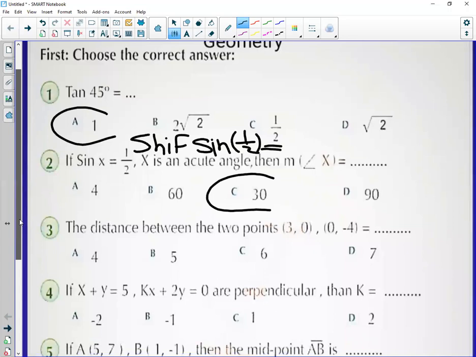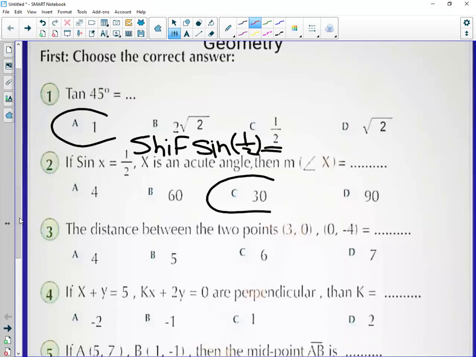Number three, the distance between the 2 points (3, 0) and the ordered pair (0, -4) equal what? Tahir, can you tell me what is the distance between these 2 points?